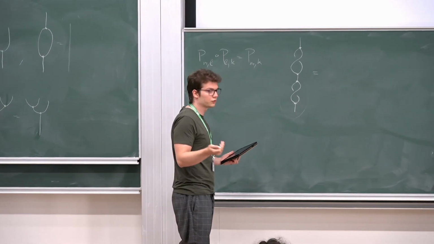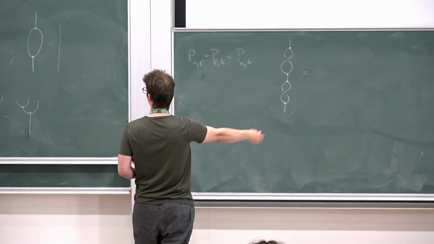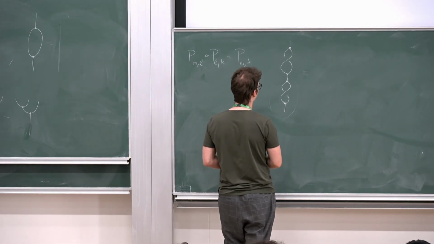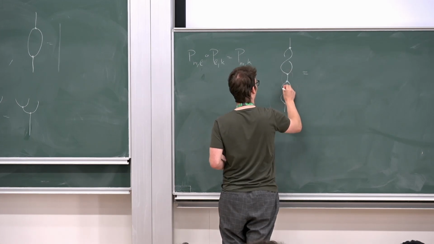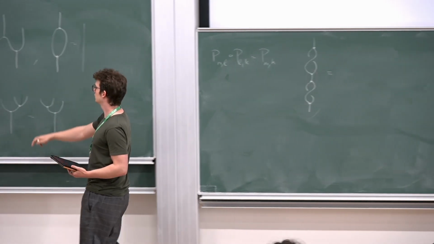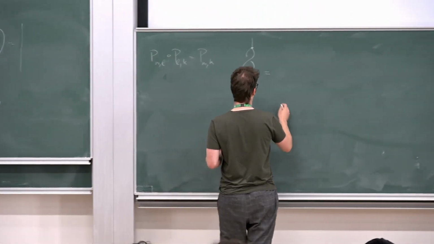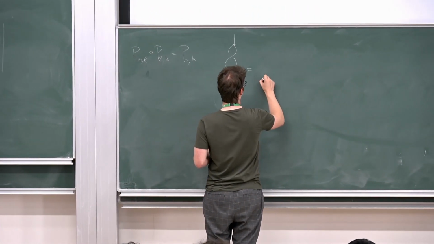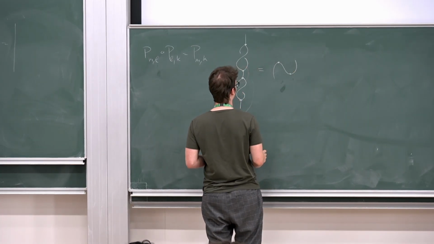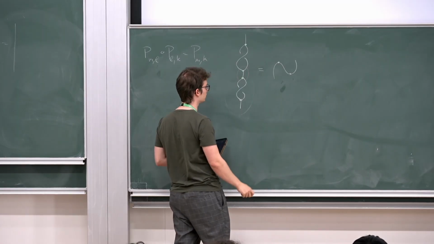How do we start? We just remember what we can use. We can use the braiding, and we can use these identities. For example, we have this here, which looks like this, and we can swap this around to get this in the middle. Now we have to connect the rest of the picture to it.